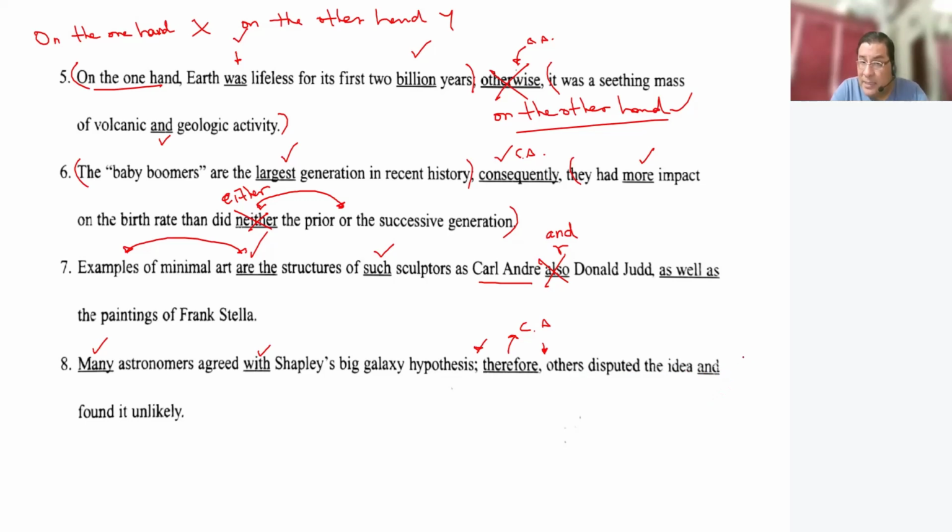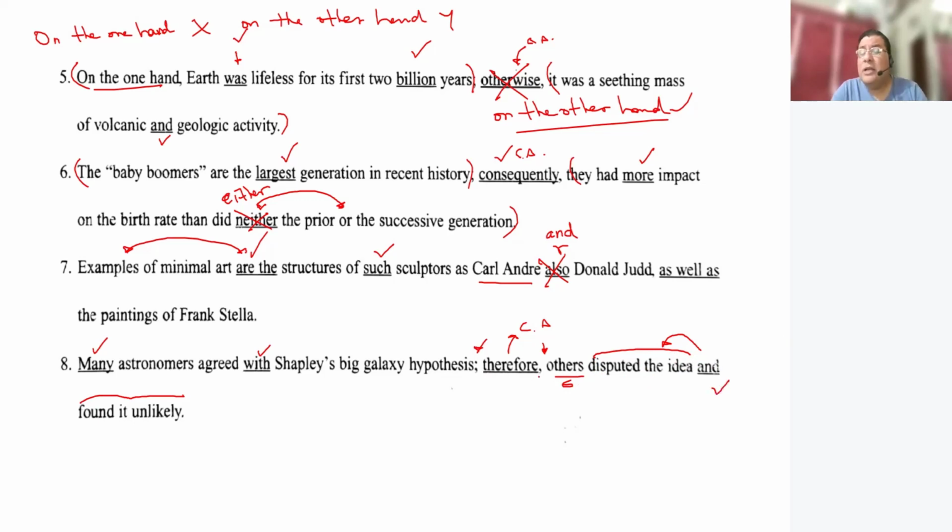Okay, and is appropriate here since it is connecting two verbal phrases, disputed the idea and found it unlikely, as the conjugated verb of the subject others. So we have like a compound predicate, compound conjugated verb, disputed and found. So looks fine.